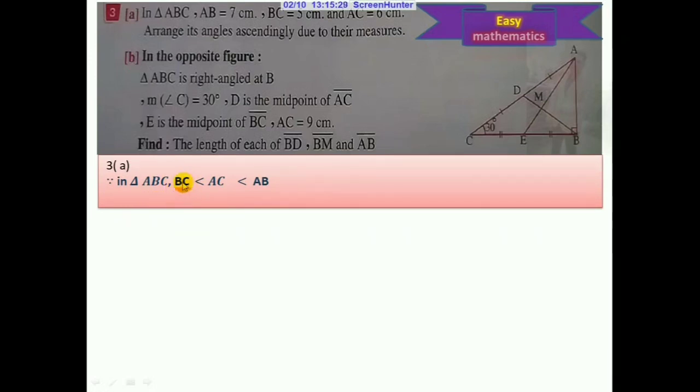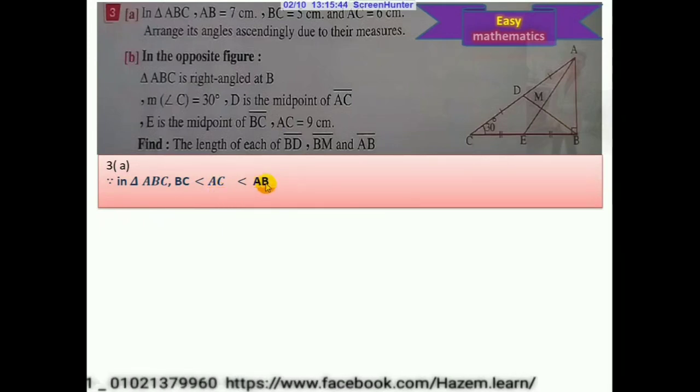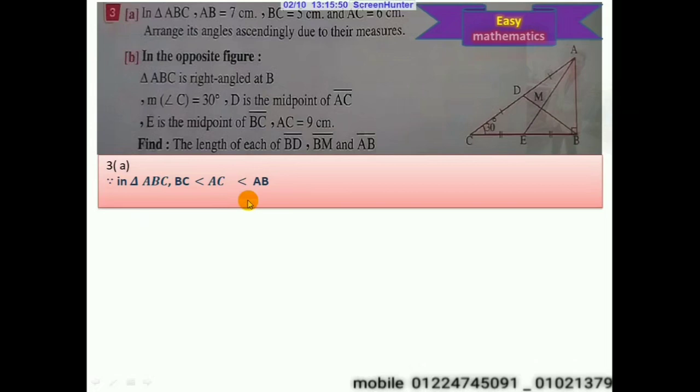Side BC is the smallest one, so the angle opposite to BC will be angle A. And AC is the second one, so the angle opposite to AC will be the measure of angle B. Finally, AB will be the greatest side, so the angle opposite to AB will be the measure of angle C. Now we can write it this way. Therefore, measure of angle A less than measure of angle B less than measure of angle C.